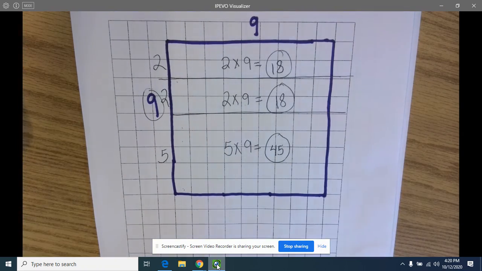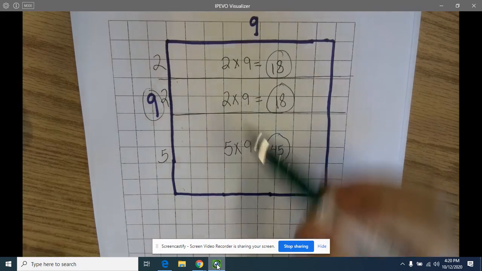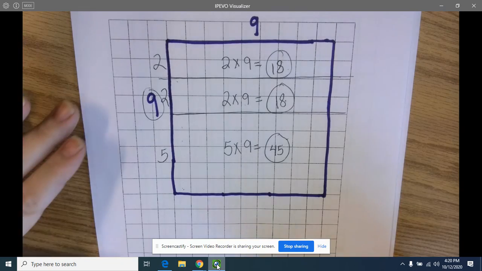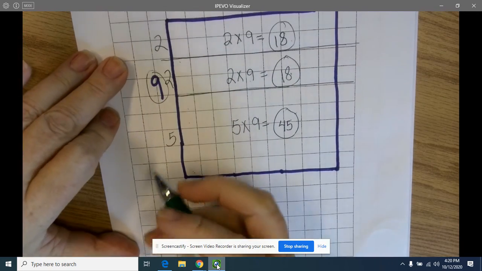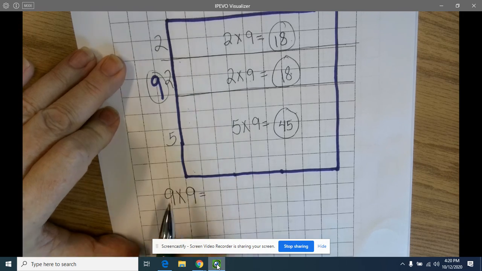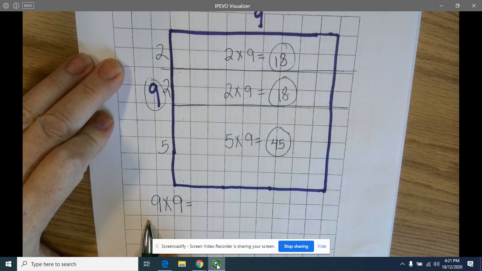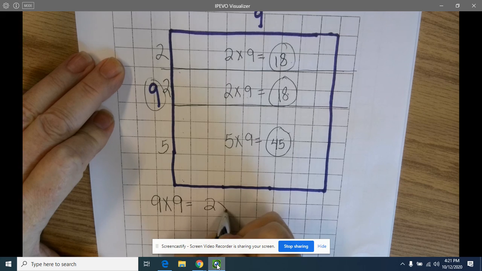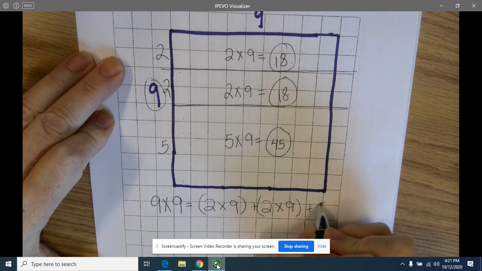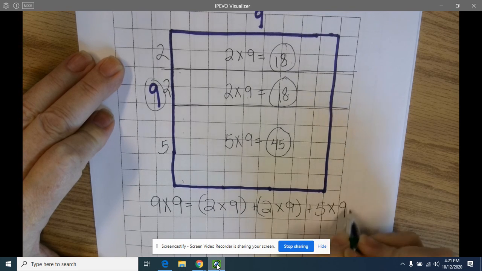My goodness, let's write our equation out. It's going to be kind of a longer equation because we needed to use 3 different smaller arrays inside the larger array. All right. So we solved 9 times 9. And we broke apart the 9 into 2 times 9 plus 2 times 9 plus 5 times 9.